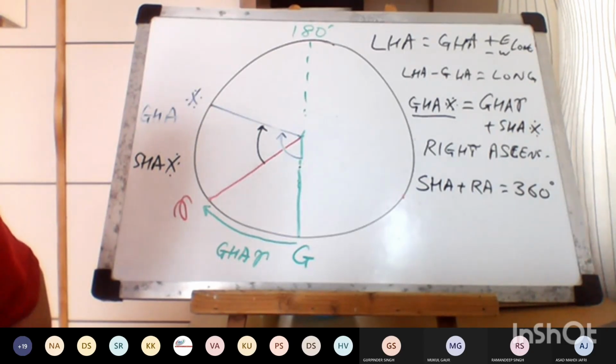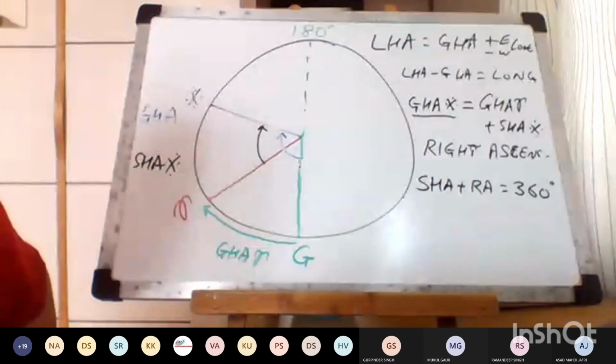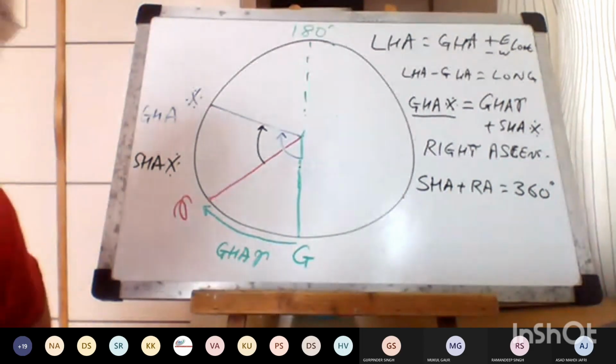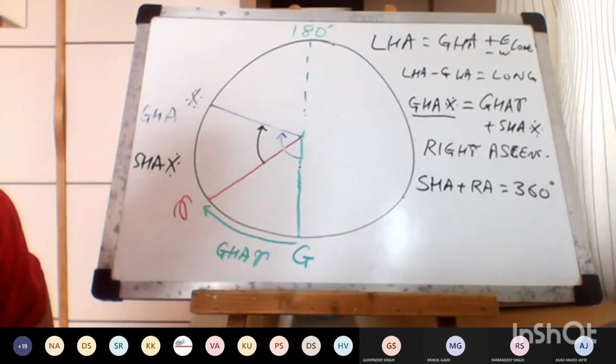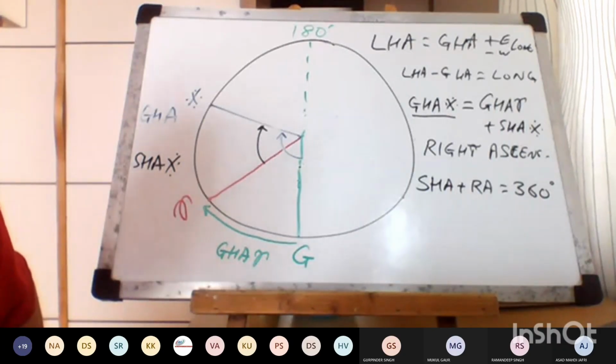So for one fixed point in space, Iris, the information is given in the almanac, GHA Iris. GHA Iris keeps changing because the Earth is rotating, but SHA star is fixed always, with very minor change during the full year. We will see why later on. So you can always take out the GHA star at any point of time you want.